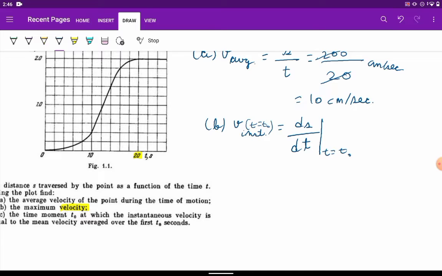Essentially, if you see the curve, the instantaneous velocity is basically the gradient. So wherever you have the maximum gradient, there you have the maximum velocity.